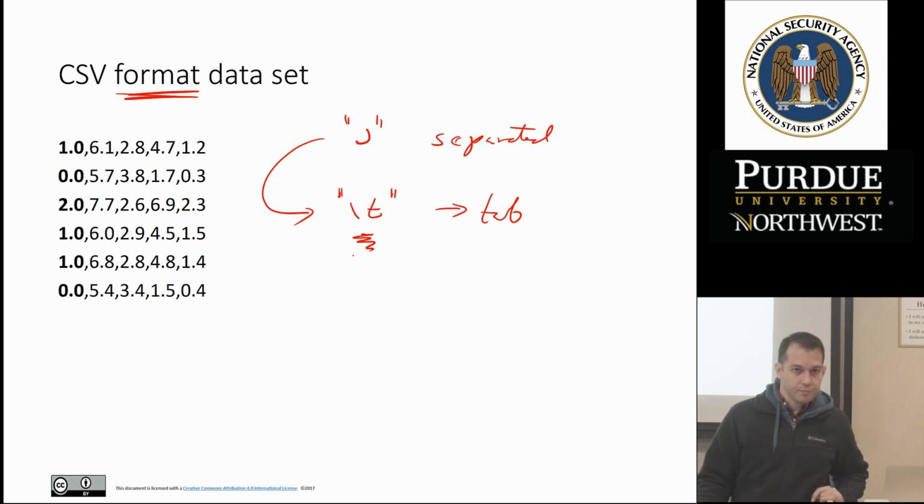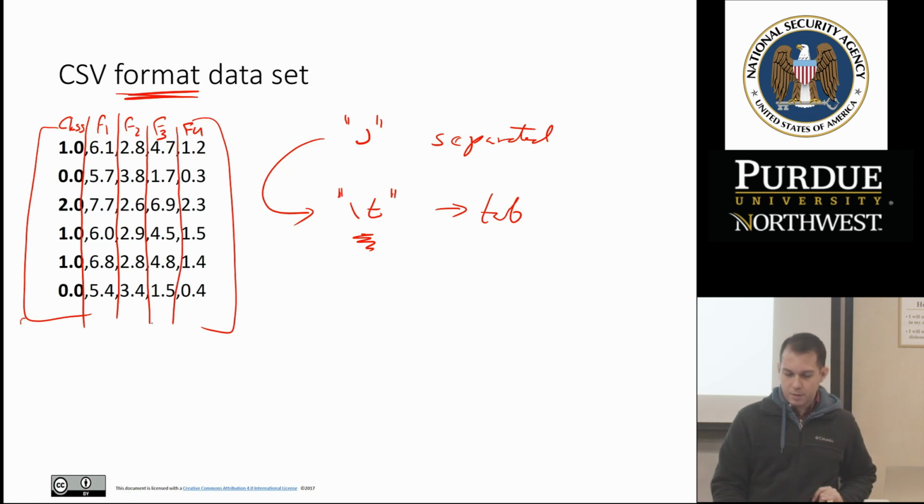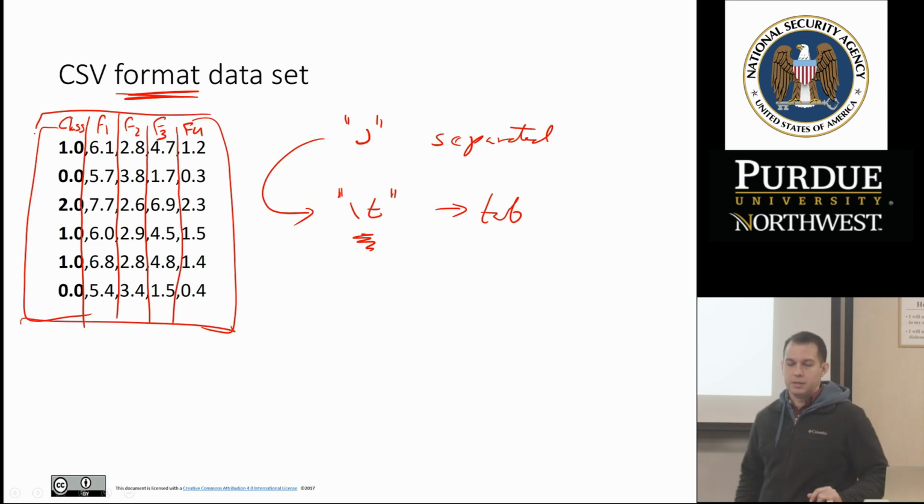But in general, most data sets that you create are going to look kind of like this. All right, and if you notice, the commas here basically separate so that the first one is the class, and then after that you have features F1, F2, F3, F4, so that they look like that. So that's kind of the idea.